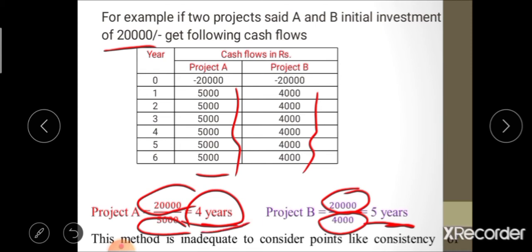That means within 4 years, project A will cover its initial investment of 20,000 rupees, while in case of project B, it requires 5 years to cover this 20,000 rupees. That means within a shorter period, project A will cover its initial investment. So project A will be selected for further implementation. This is the payback period.